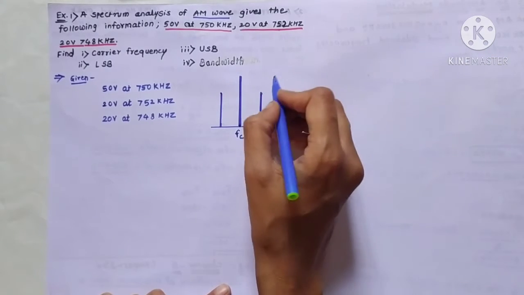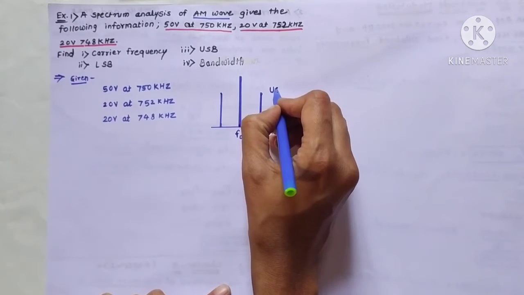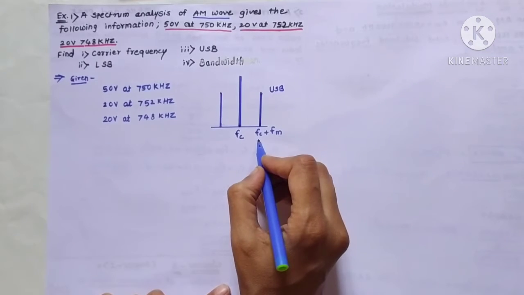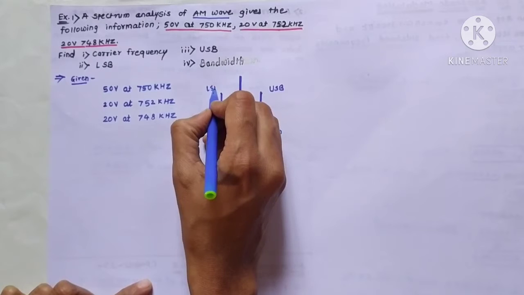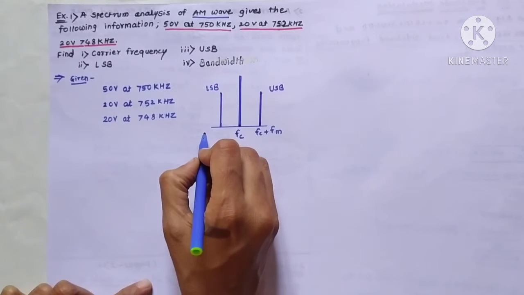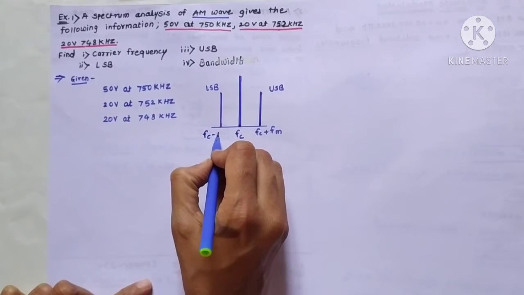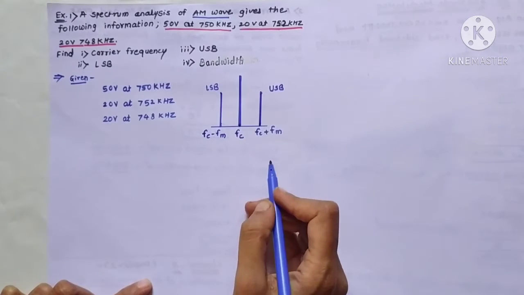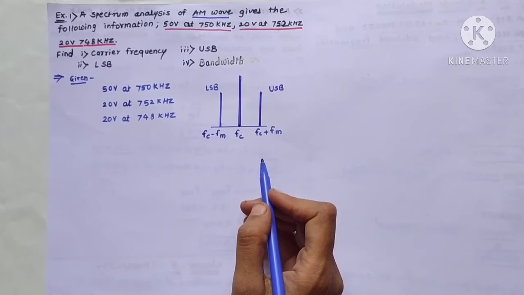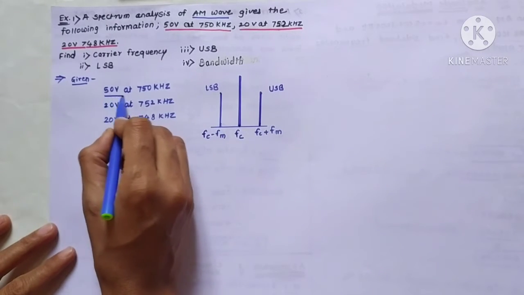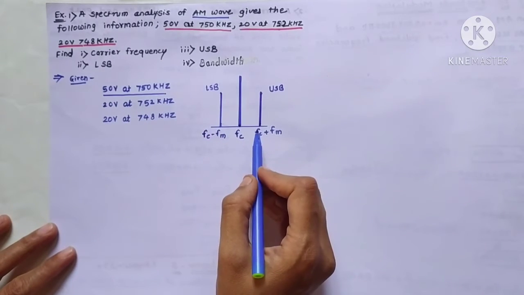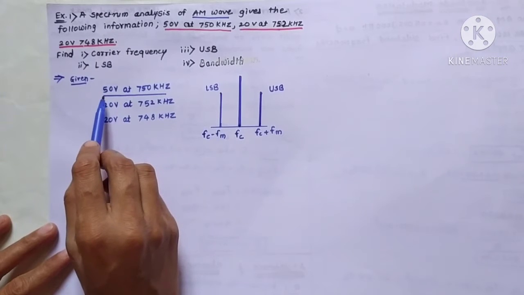This is the upper side band having frequency FC plus FM. This is the LSB, lower side band, having frequency FC minus FM. Now from the given problem we can determine which is the term related to the carrier.